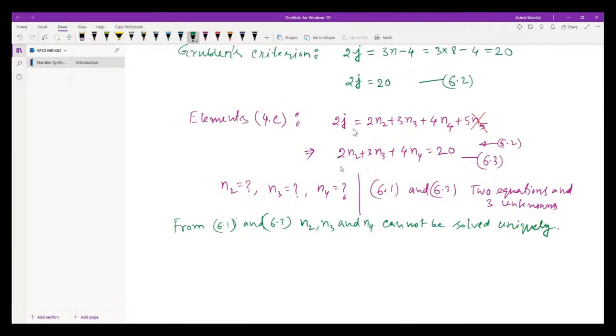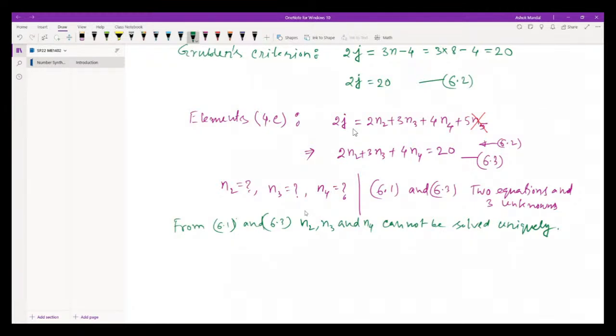Why? Because n2, n3, n4 have to be positive integers. They cannot take any value, right? This is a number of links. So you cannot say that 2.5 is a number. That can be a solution to this equation, but there is a restriction that 2.5 cannot be a number.